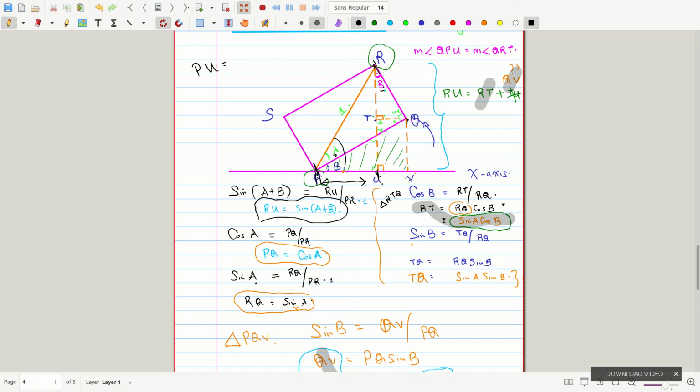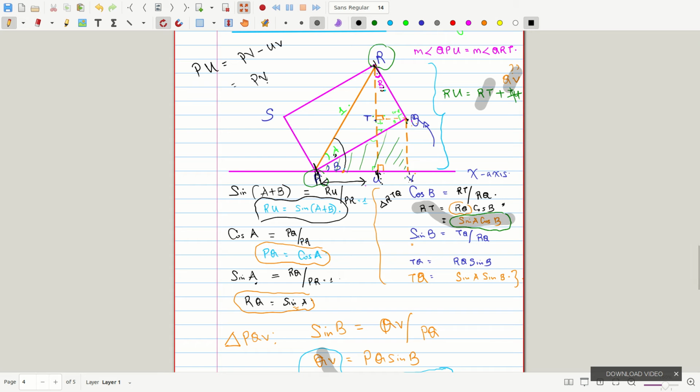So we shall go the really long way and write PU as the sum of PV plus negative VU. It's from here to here, then back. We can write this in short form and simply say minus UV.